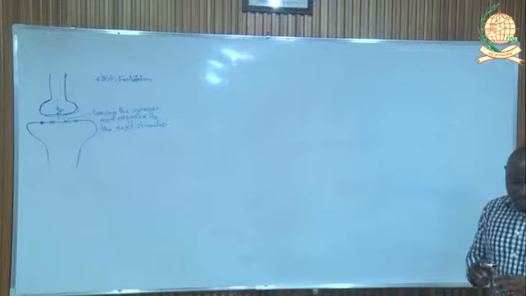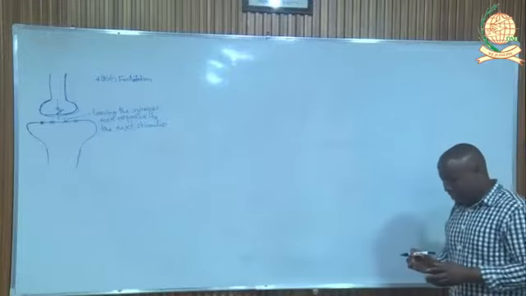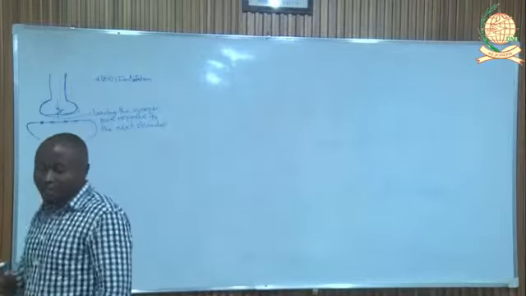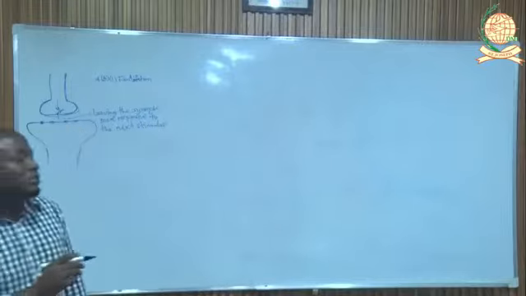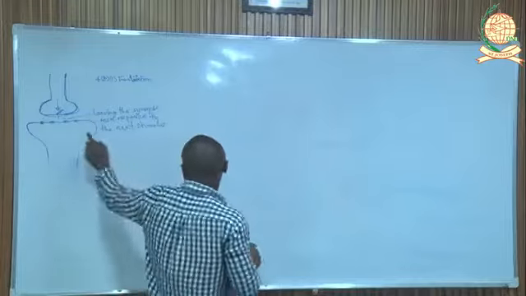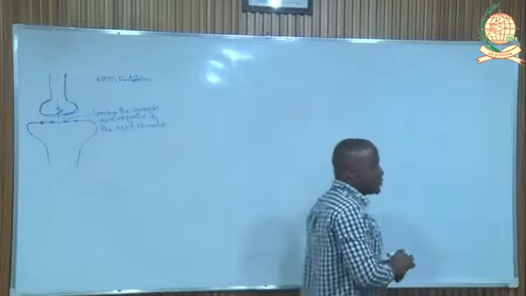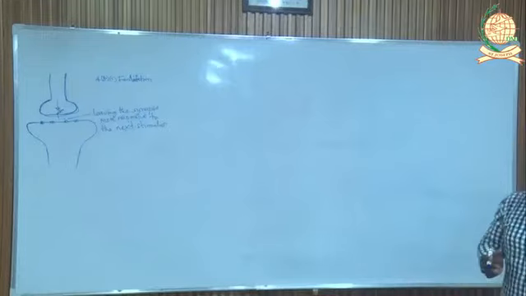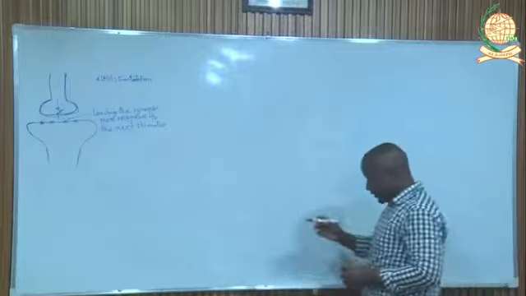That means a stimulus arriving at this synaptic cleft, even if it's very weak, can cause an action potential in the postsynaptic neuron because of the sufficient amount of transmitter substance usually released here.